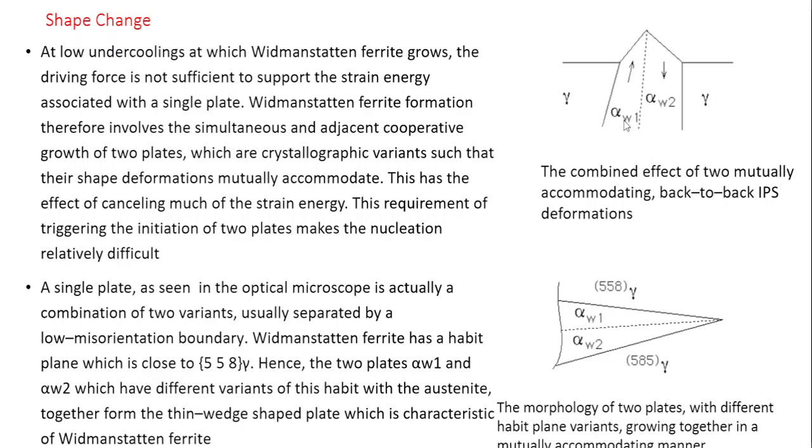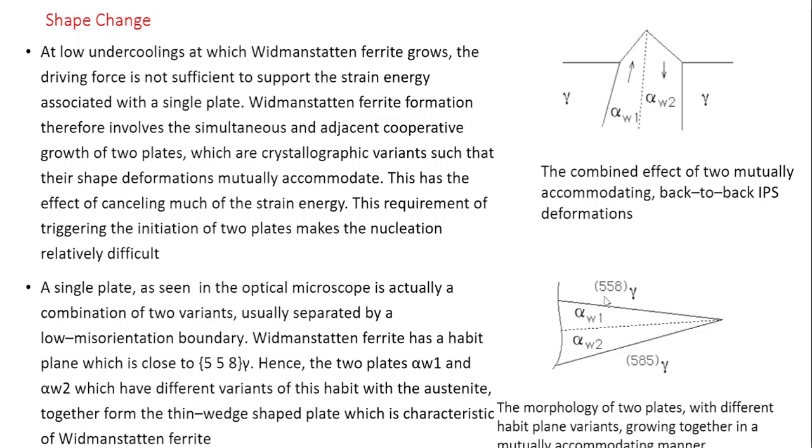So the deformation was the formation of invariant plane strain deformation. And a single plate seen in the optical microscope is usually a combination of two variants. So this is clearly an example of what a crystallographic variant means.